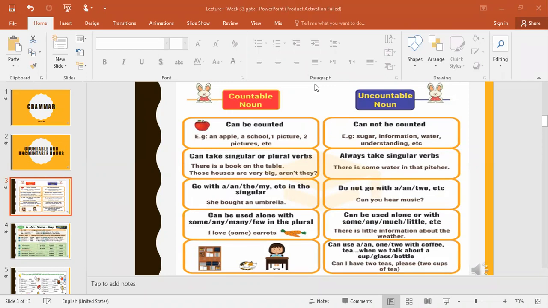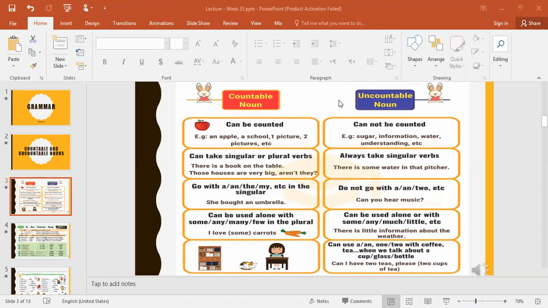The first difference says that the countable nouns can be counted. For example, I can say an apple, a school, I can say one picture, I can say two pictures, and so on. And in uncountable nouns, these nouns cannot be counted.